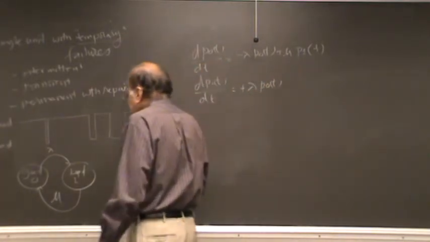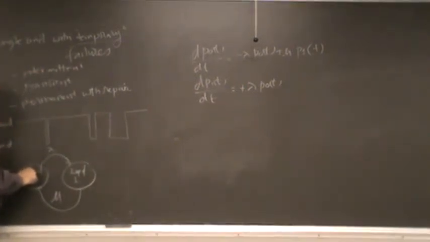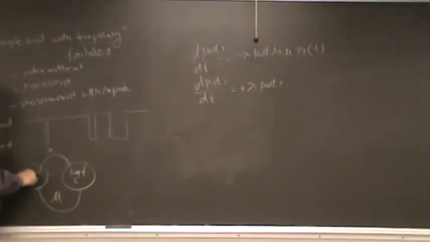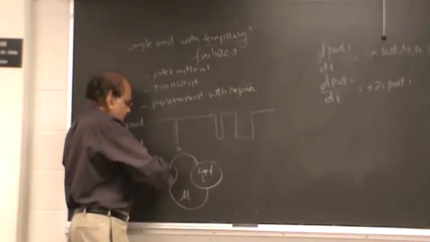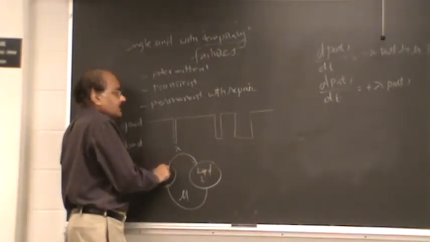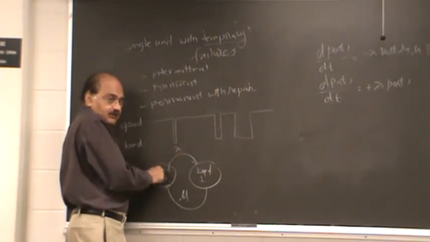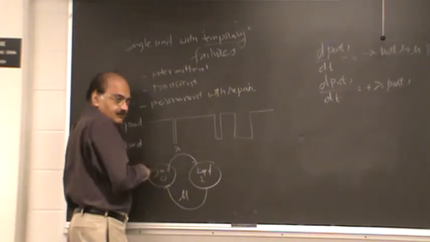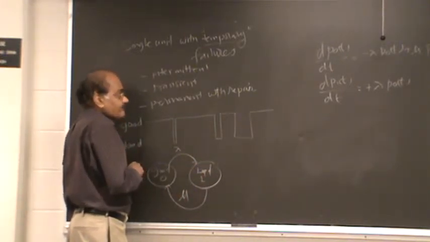So notice that the rate of change of probability of being here includes two factors. So there is some probability going away. So that's the negative term there. Minus lambda times probability of being here. And there's some probability coming in. So probability of being here multiplied by mu.